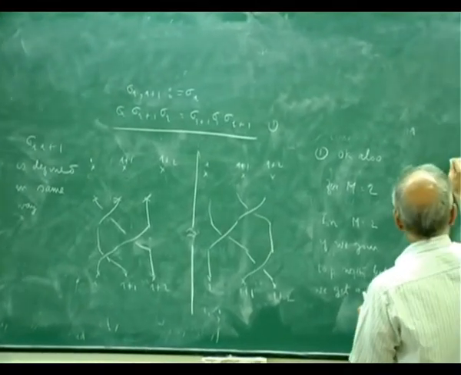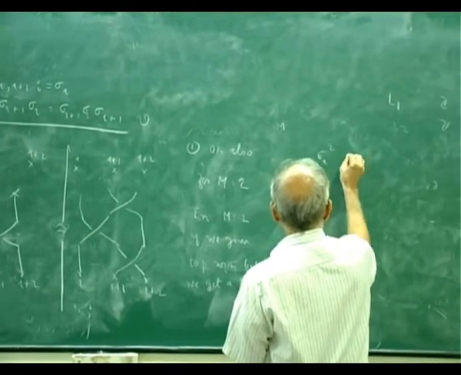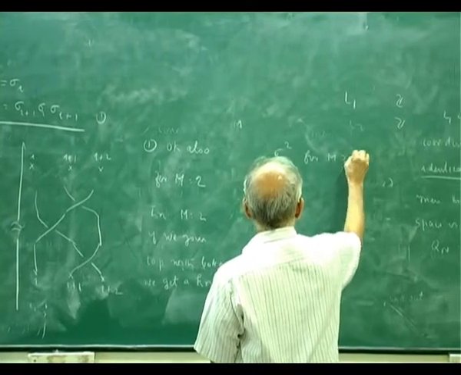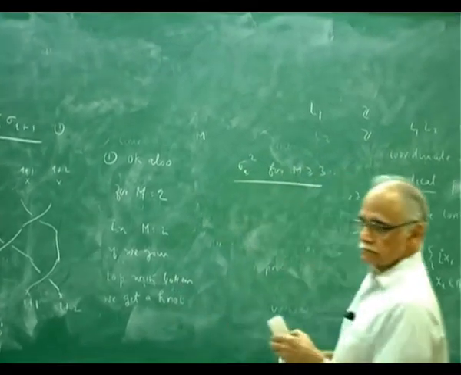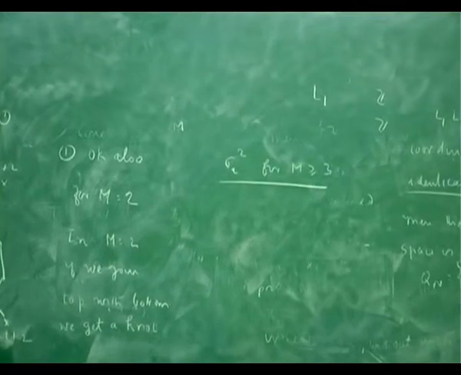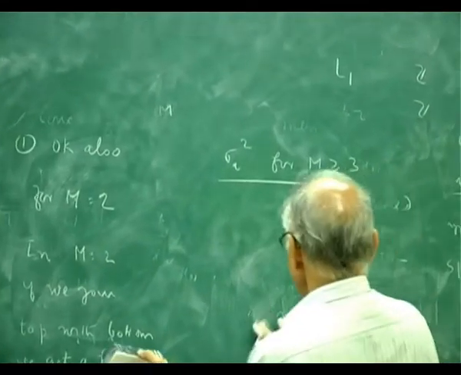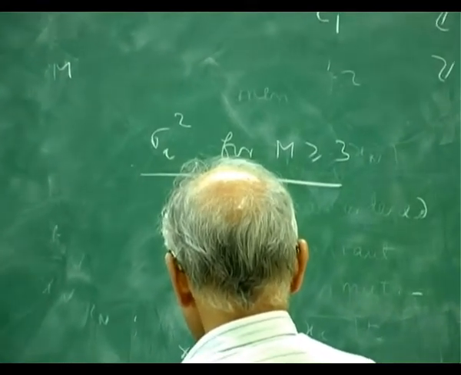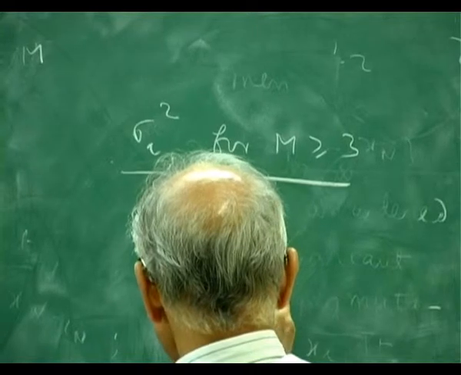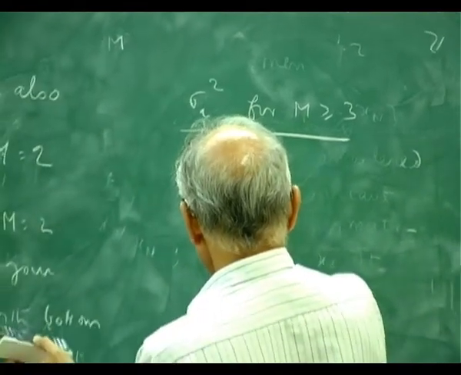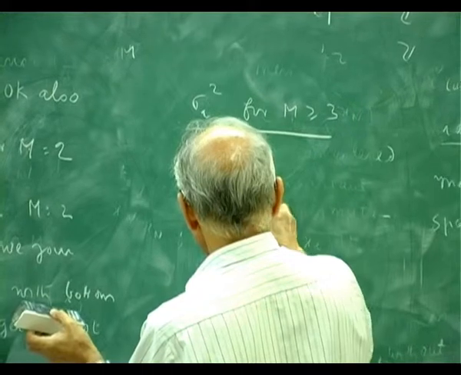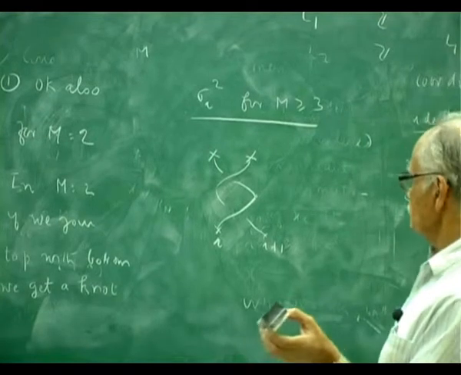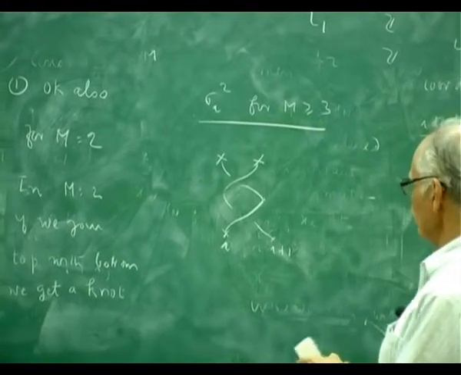What happens to sigma i squared? For m larger than or equal to 3, this is where the difference comes. This corresponds to i plus 1. Now I am going upstairs here, and going upstairs twice.